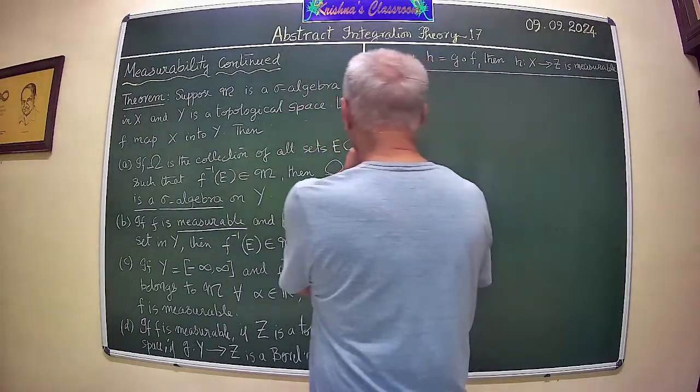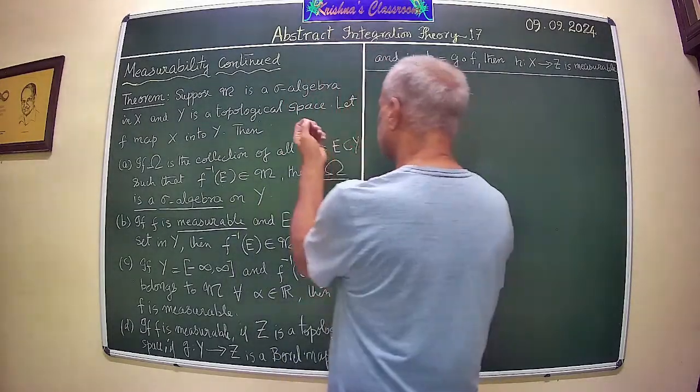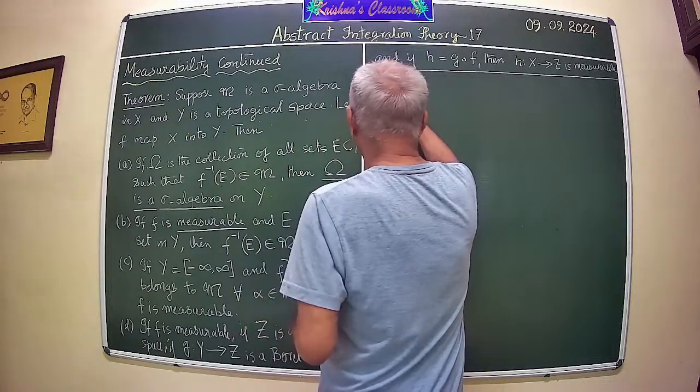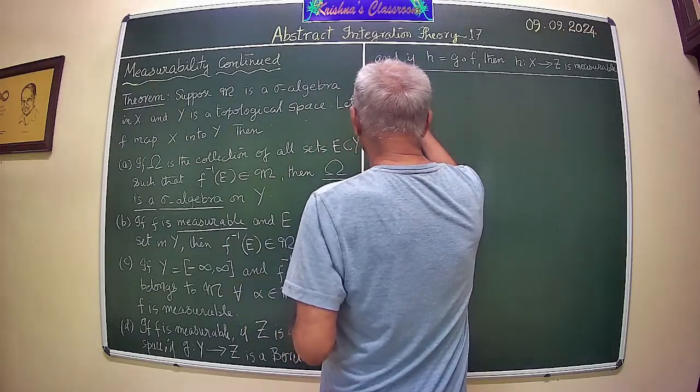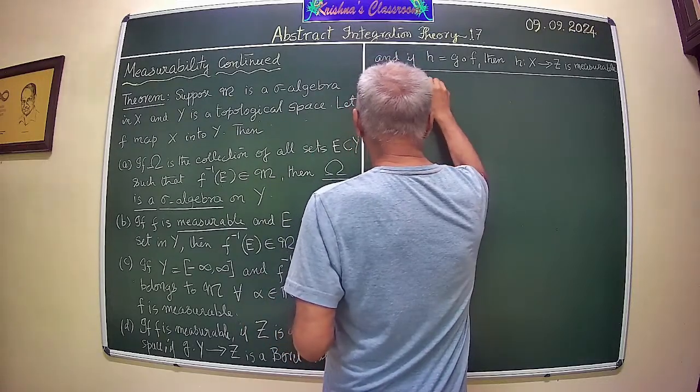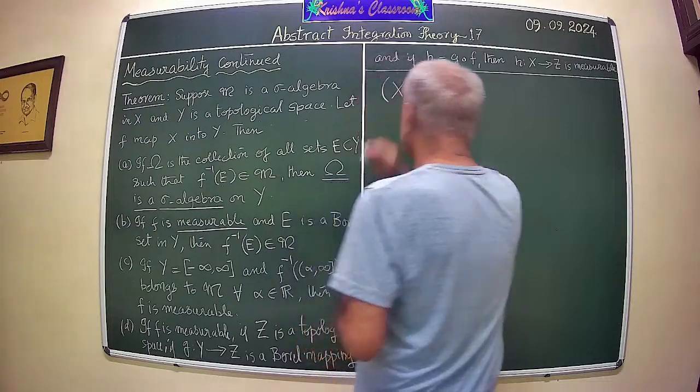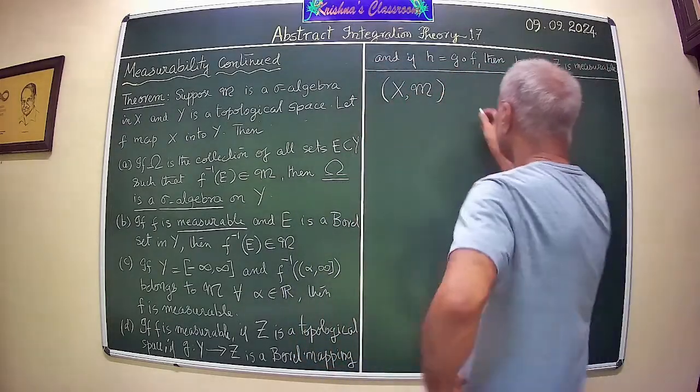So the theorem says, first of all, let us see what exactly you have. You have a set X with a sigma algebra on it. So this is a measurable set.